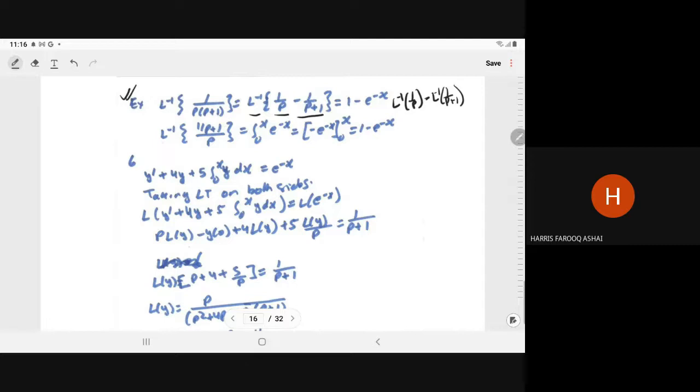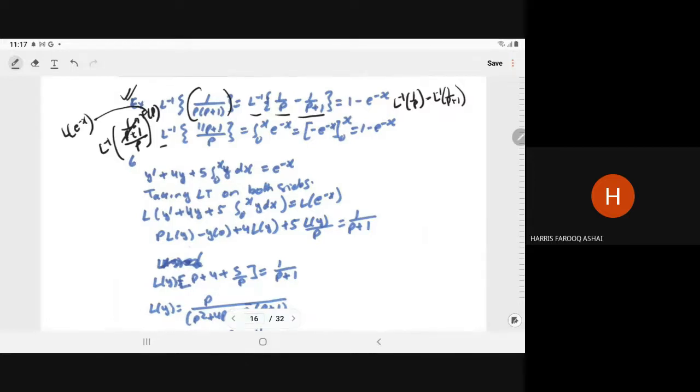Now if you solve the same problem in a different way, this can be written as L inverse of 1 upon (p plus 1) into 1 upon p. This is F(p), and F(p) means this is the L of e to power minus x.